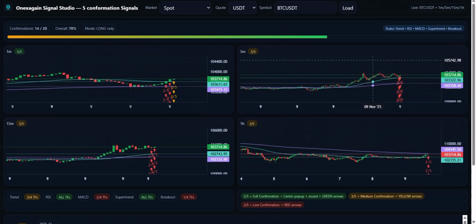By using both together, you are stacking probabilities in your favor. You are trading with structure, not emotion. You are waiting for conditions where the system agrees instead of forcing trades when the market is unclear.